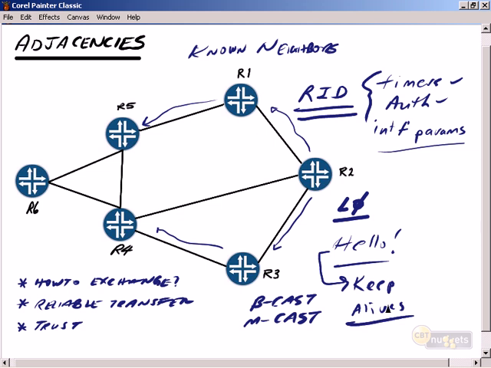And one of the parameters that the router can include in its hello message is to say, how often am I going to send hello packets? Now, depending upon the link state protocol, this hello period between routers could be non-negotiable and predetermined, or the peers might be able to negotiate the hello period. And remember, we might call them different things, but these behaviors are going to be found in OSPF and in ISIS.